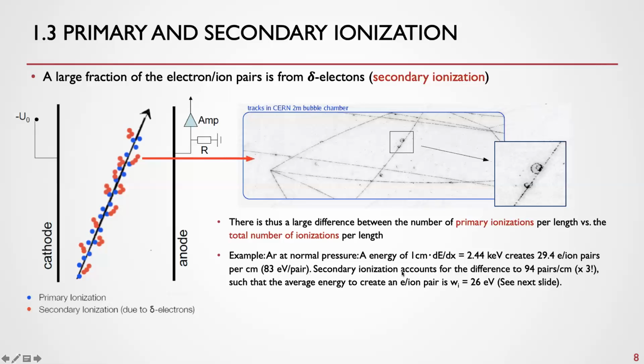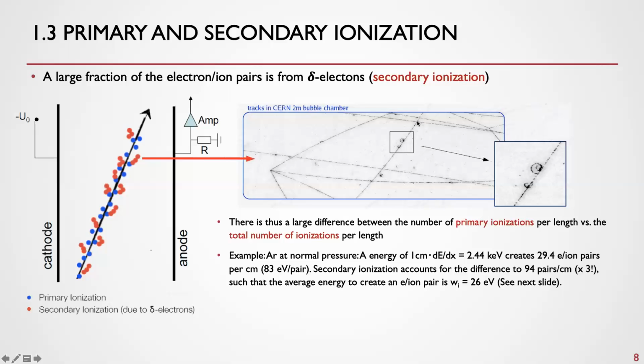However, secondary ionization is a factor of 3, raising the number of electron ion pairs from 30 to roughly 90. So secondary ionization can be a factor 2, 3, and more above the primary ionization, such that in this particular example, the average energy to create an electron ion pair in the detection volume is only 26 electron volts. Remember these ballpark numbers.